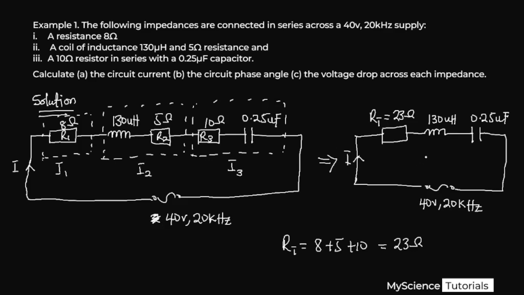Now in this type of RLC circuit, to find our current, we know that voltage is equal to current multiplied by impedance. So if we make current the subject, we have voltage over impedance. Now we have our voltage, but we do not know our impedance. So the first thing we need to do is to find Z, our total impedance.